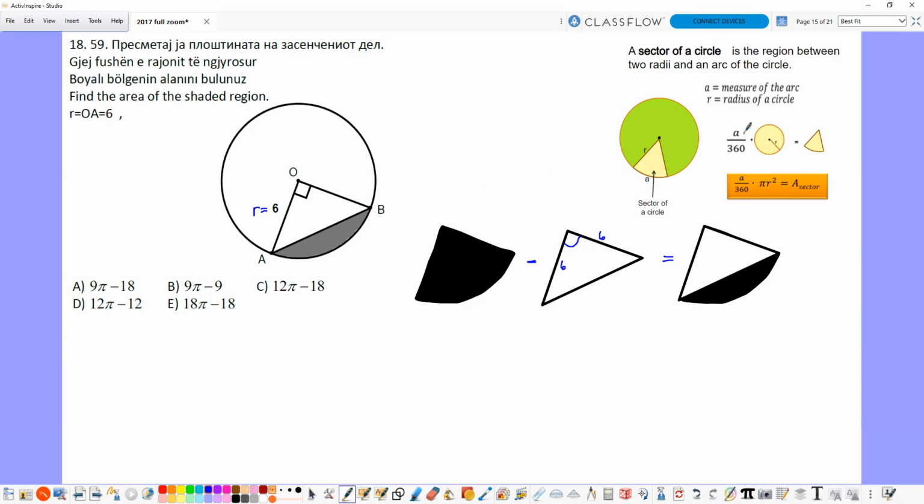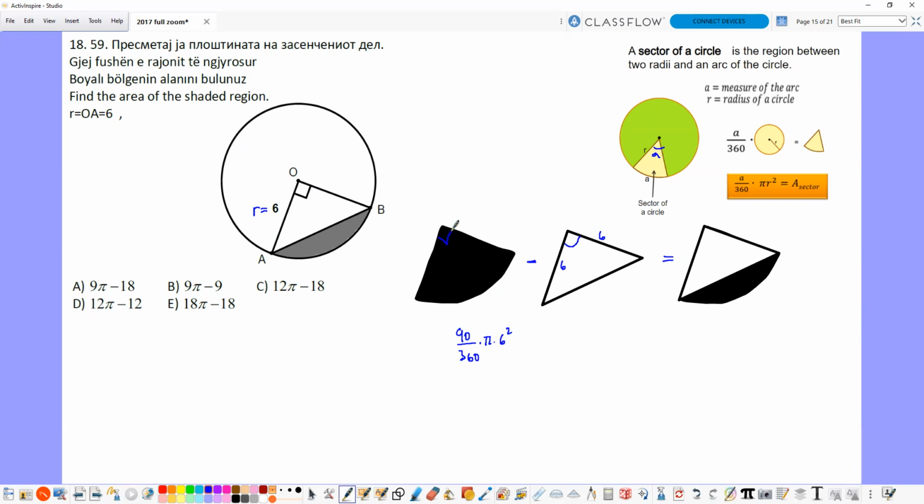Alpha over 360, the angle alpha is here. Alpha over 360 times pi r squared gives you the area of the sector. So here it is 90 over 360 times pi times r squared, where r is equal to 6. That gives the area of the sector, this part.